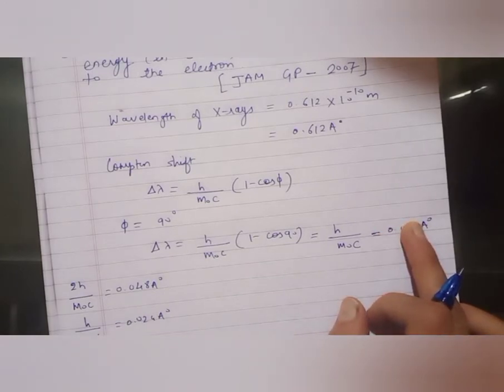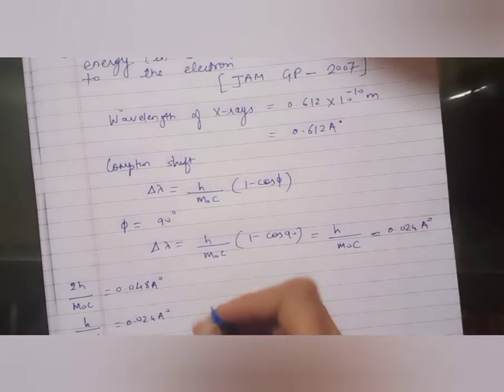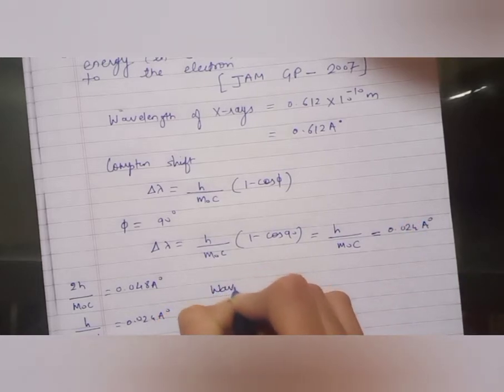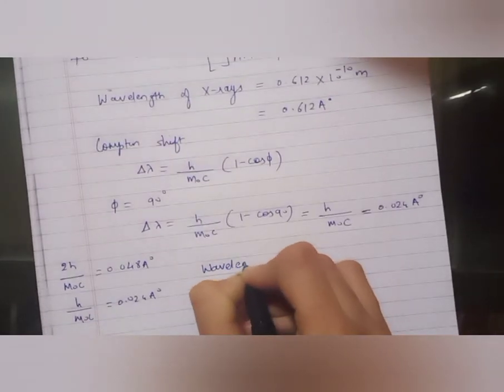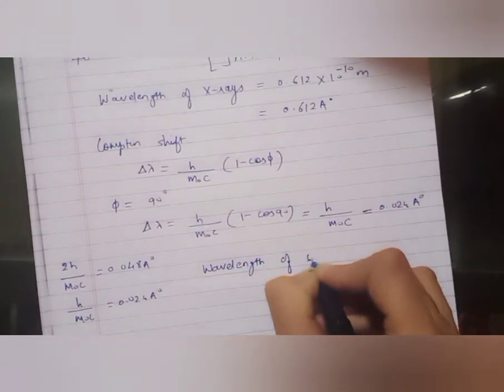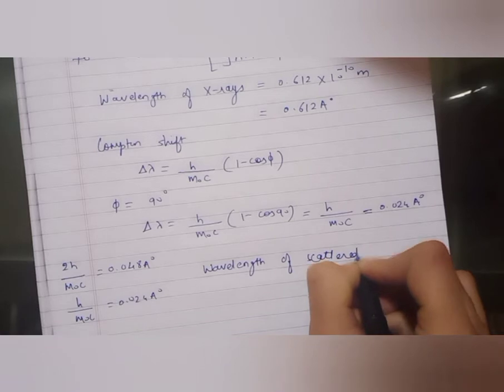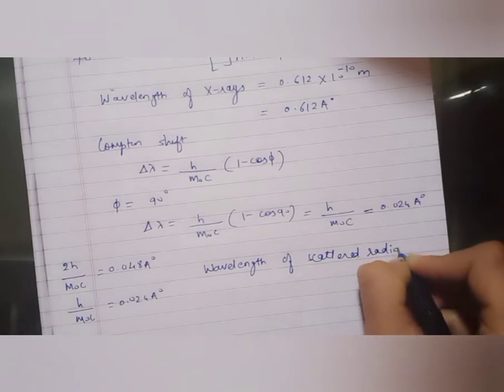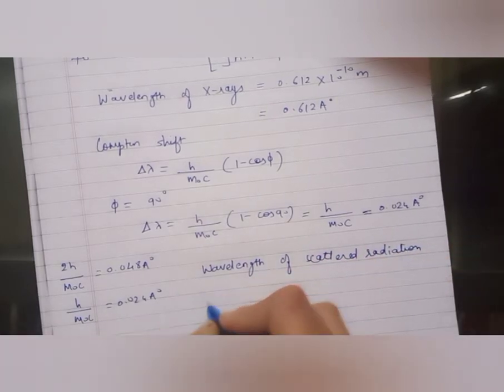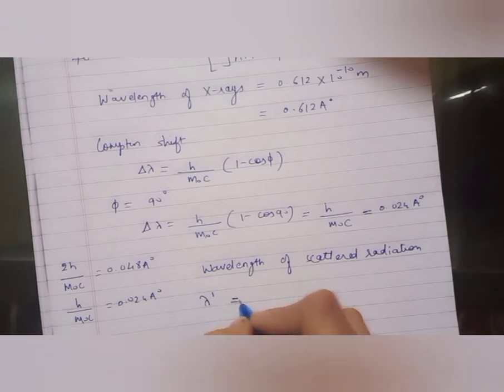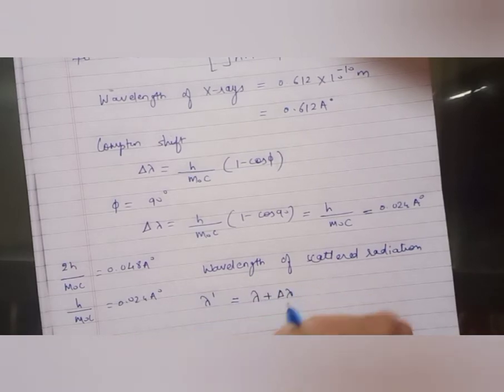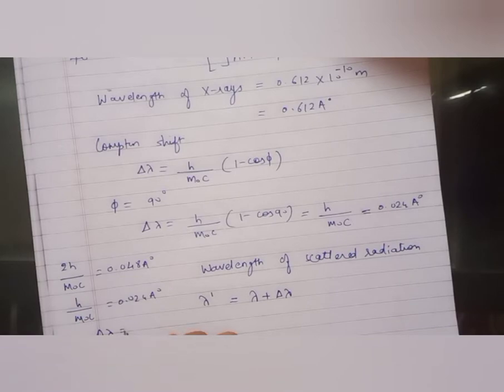Now, what we have to find out is the wavelength of the scattered radiation. That means we have to find lambda dash. Wavelength of scattered radiation, lambda dash, equals lambda plus delta lambda, because we know that delta lambda equals lambda dash minus lambda.